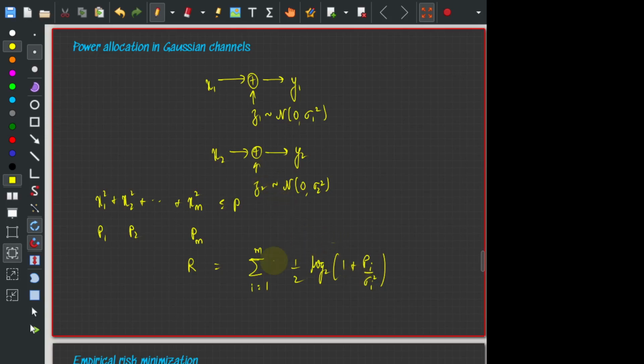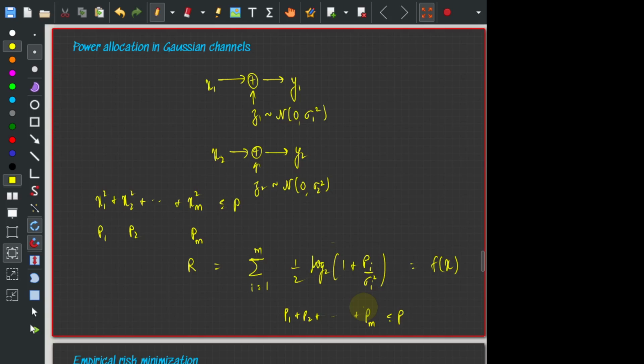Again, this is a constrained optimization problem where this is your objective function f of x, or in this case f of p1, p2, p3 up to pm, and your constraint is that p1 plus p2 and so on up to pm should be less than or equal to P. You can bring this down to standard form, which boils down to minimizing minus R subject to the constraint that p1 plus p2 plus p3 and so on up to pm minus P is less than or equal to 0.